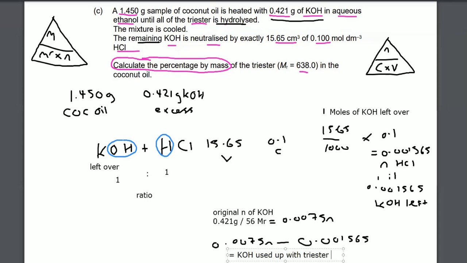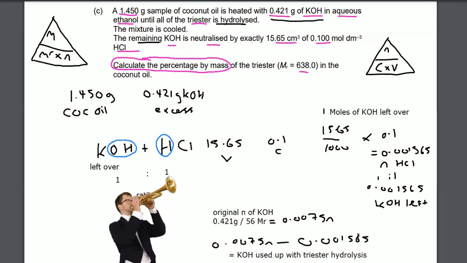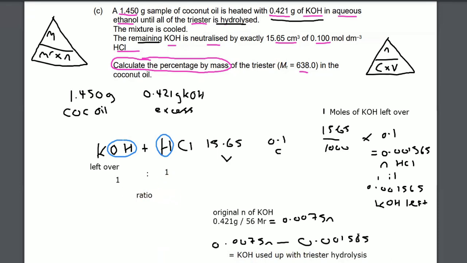And what we're going to get there is 0.005935 moles of KOH reacted with the triester. Now, if it was a one-to-one reaction with the triester, we'd also have 0.005935 moles of triester that was used up, but it's not a one-to-one reaction.